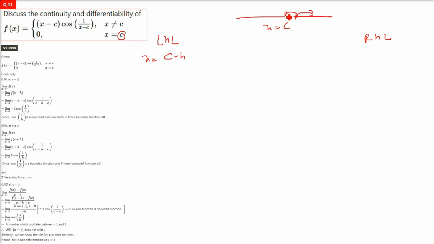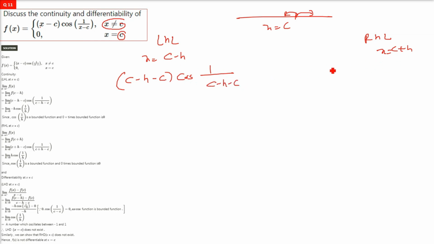Either you want to go to the left or the right, just subtract small h or add small h. So x is equal to c minus h and c plus h, and put it in the place of x. So x is c minus h minus c, cos 1 by (c minus h minus c).